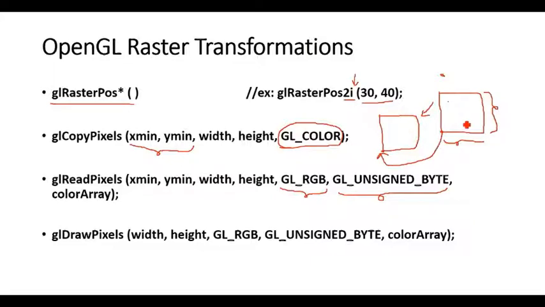This block, let us say, is copied into a user defined array called color array. This is a user defined array name. After this function execution, color array would be a two-dimensional array which would have all the pixel values of whatever values were there in this block.